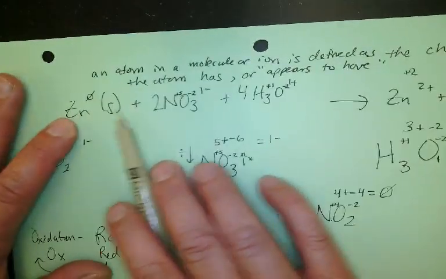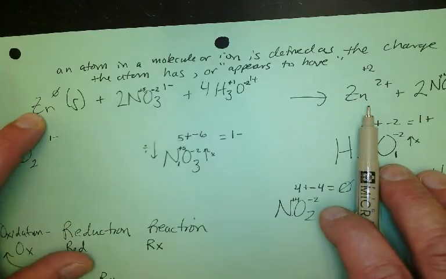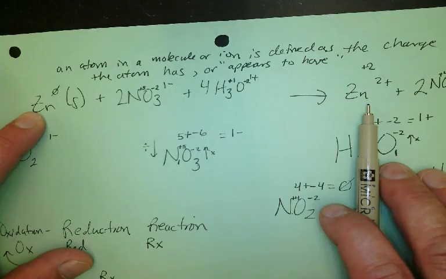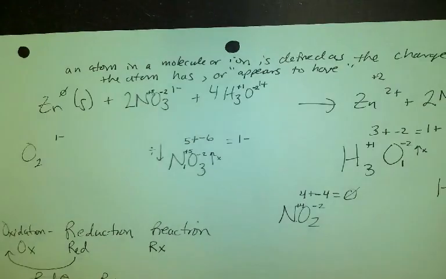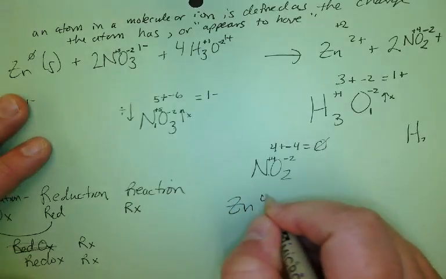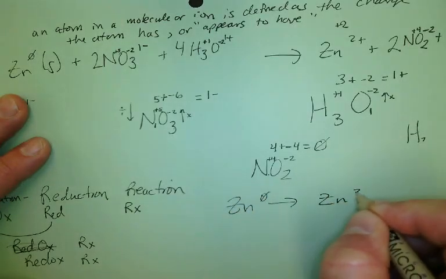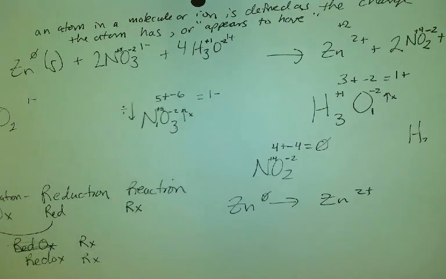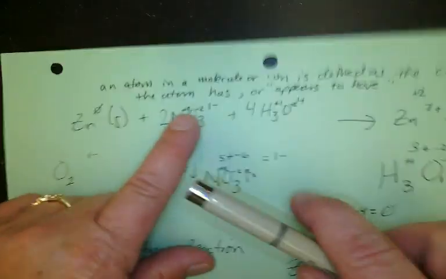And let's find zinc over here. Did the oxidation number change? Yes. That's one of them. We got two reactions going on at one time. We have a reduction reaction going on and an oxidation reaction. So I'm just going to write this down since you told me something's happening, and we'll go back and figure that out later. Now I'm going to look at the nitrogens.